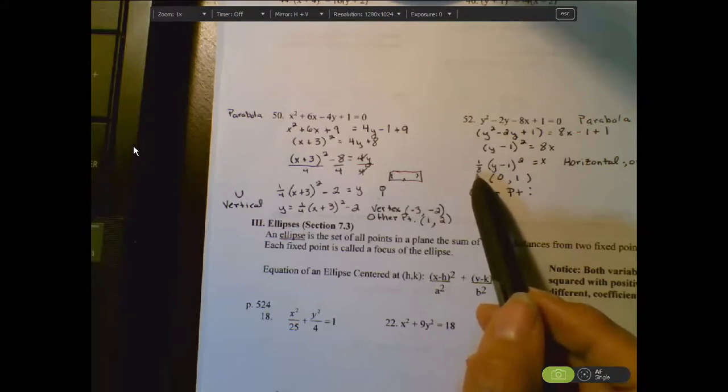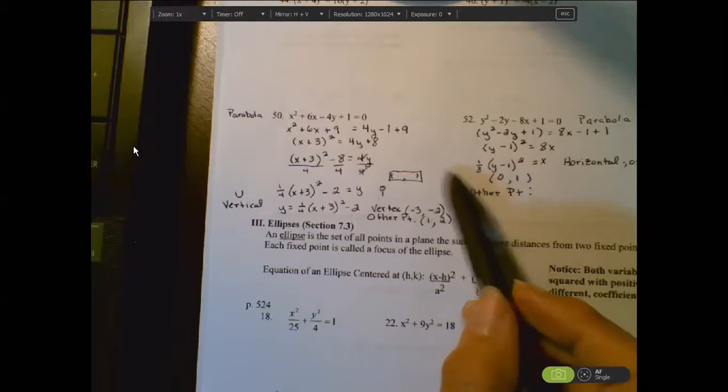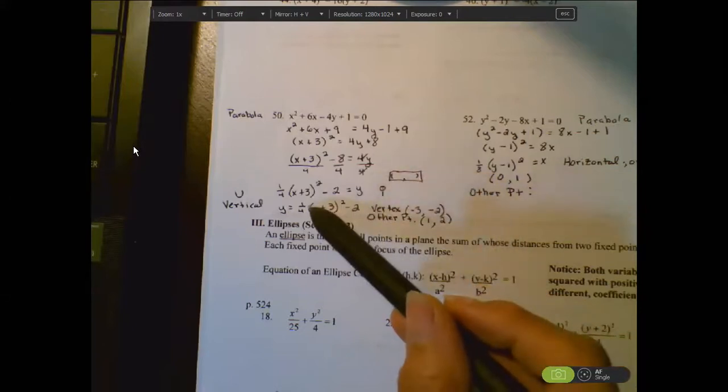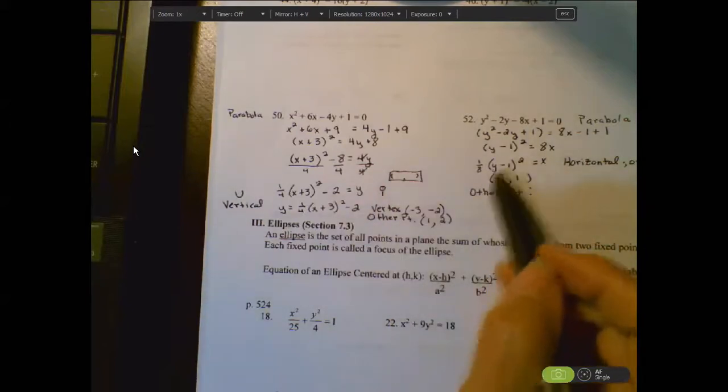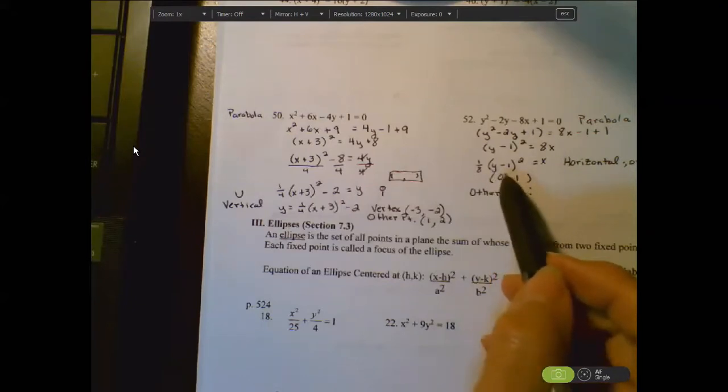What kind of numbers can I take 1/8 of? The multiples of 8, I guess. Yes, I was getting you to say multiples of 8. I just need this to be a multiple of 8. Well, what could I let y be that if I subtracted 1, I'd get a multiple of 8?